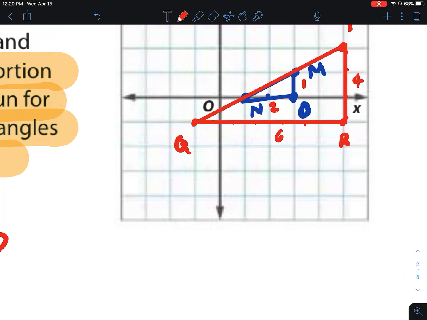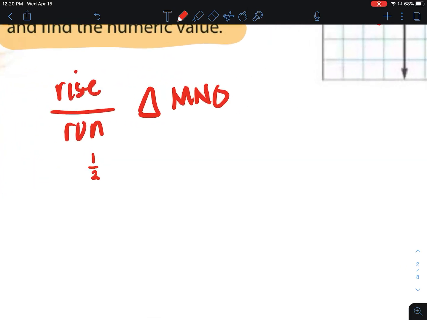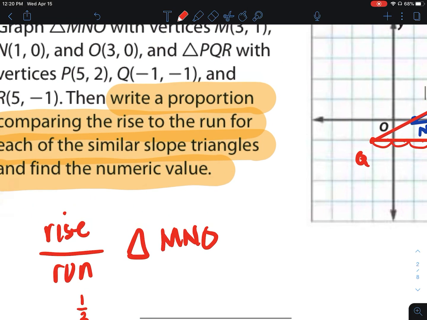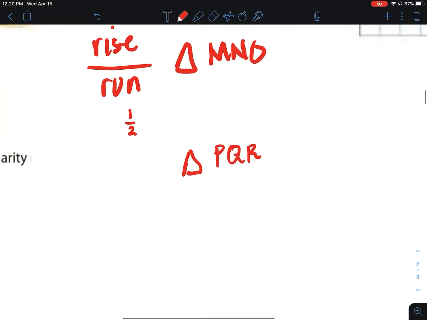So if I start here, I'll count 6 units to the right: 1, 2, 3, 4, 5, 6. And 4 units up. That's the reason why my rise over run for triangle PQR is 4/6.